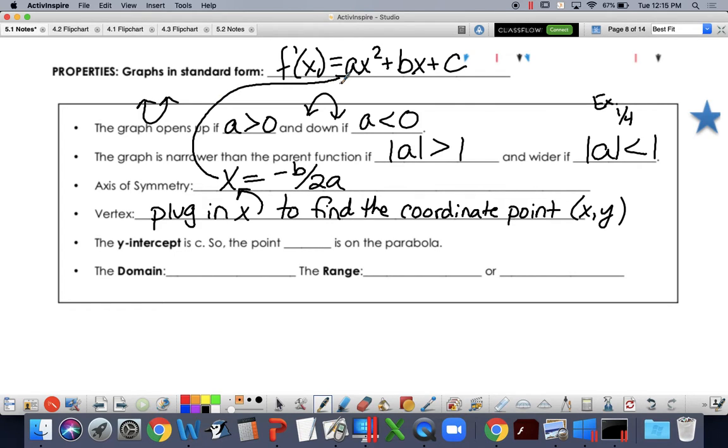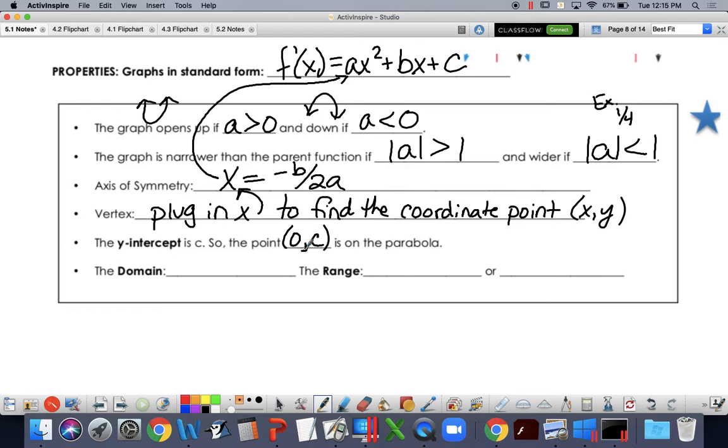When you do that, you're calculating f of a number, f of 2, f of 3, and that is going to spit out the coordinate point that you need to determine where the vertex is. Our next one, the y-intercept is c. So the point 0, c is on our parabola, and that's going to tell us if we've translated up or down.